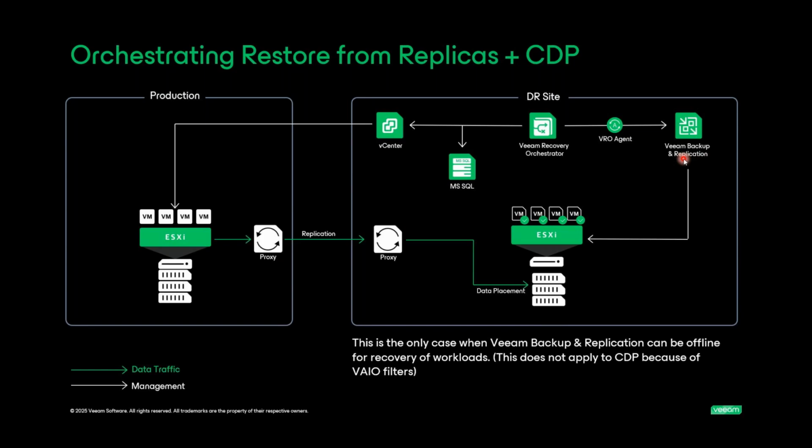Hence, you need to take care very well where you place that VBR, where you create the CDP policies. It has to be in the protected site, in the same place with VRO. Sometimes from an architectural point of view, it is okay to have, for example, a VBR in production side doing the backups, running some backup copy jobs to repositories in the DR side.